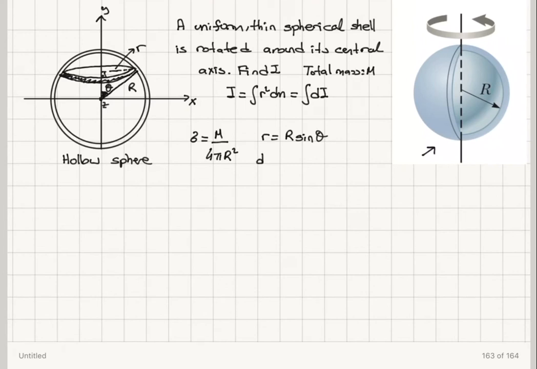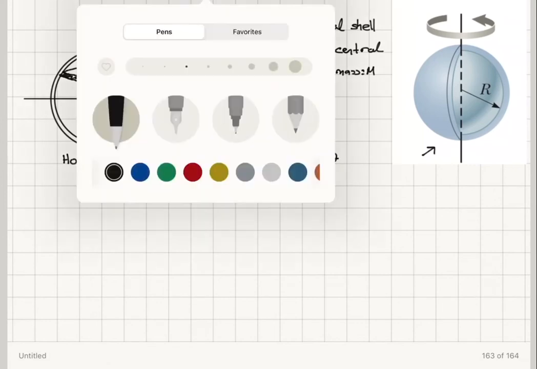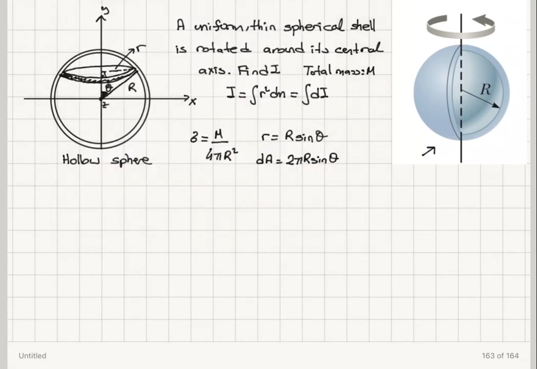So what is the area of this ring? We have the circumference 2 pi r sine theta, that is the circumference, multiplied by this dimension here.